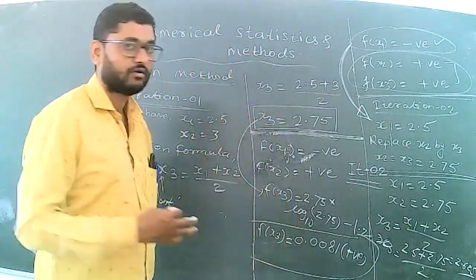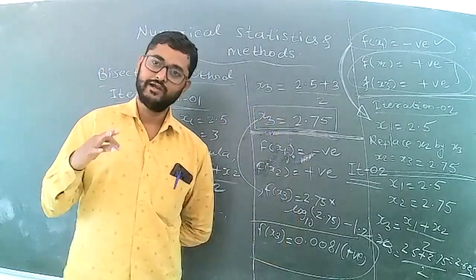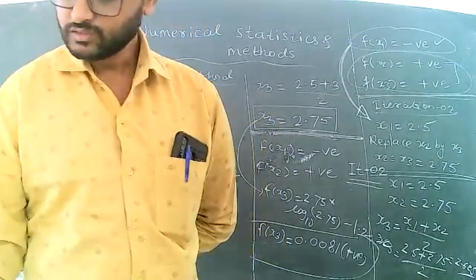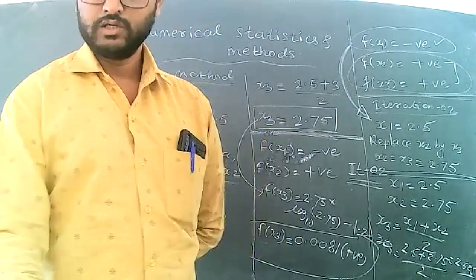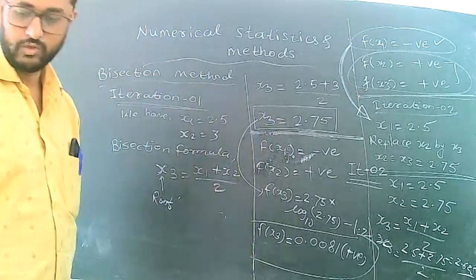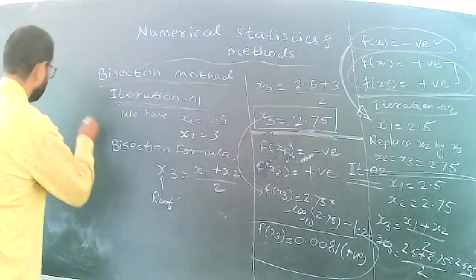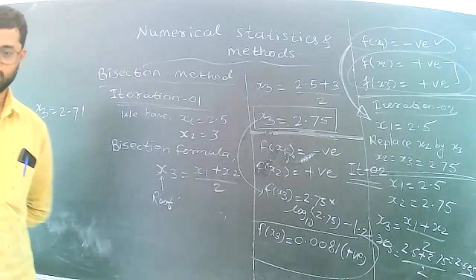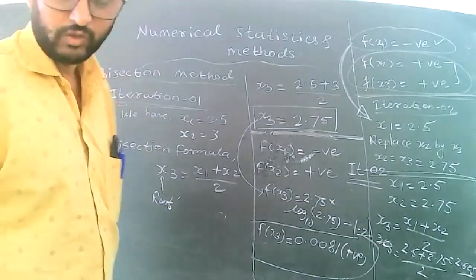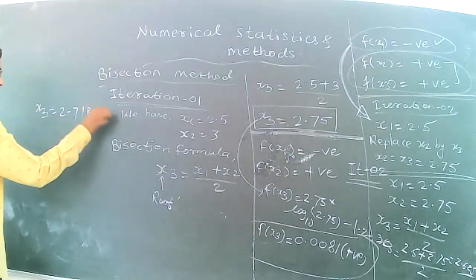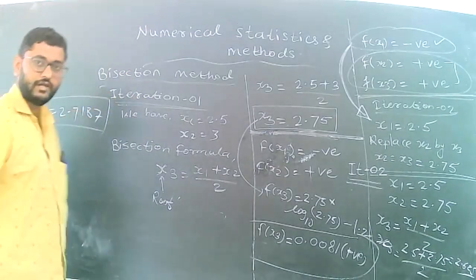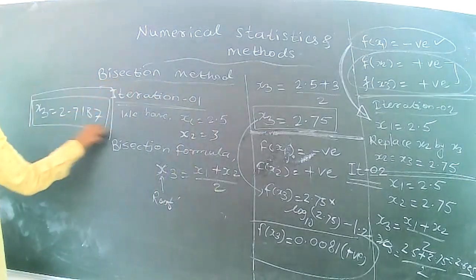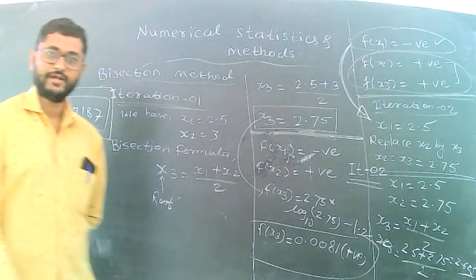We have to repeat this procedure 4 times, and at the end of the fourth iteration, the value of x3 comes to 2.7187.